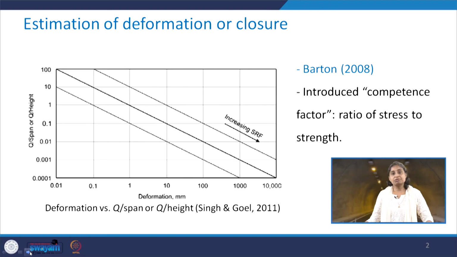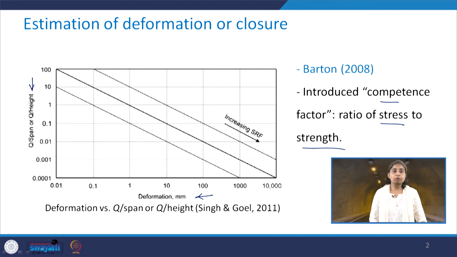Barton in 2008 proposed the factor called competence factor, which he defined as the ratio of stress to strength, and also gave the plot between Q by span or Q by height versus the deformation.